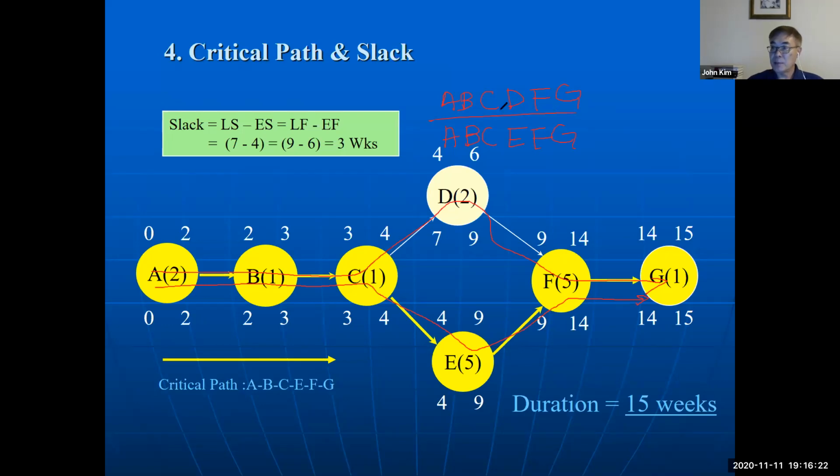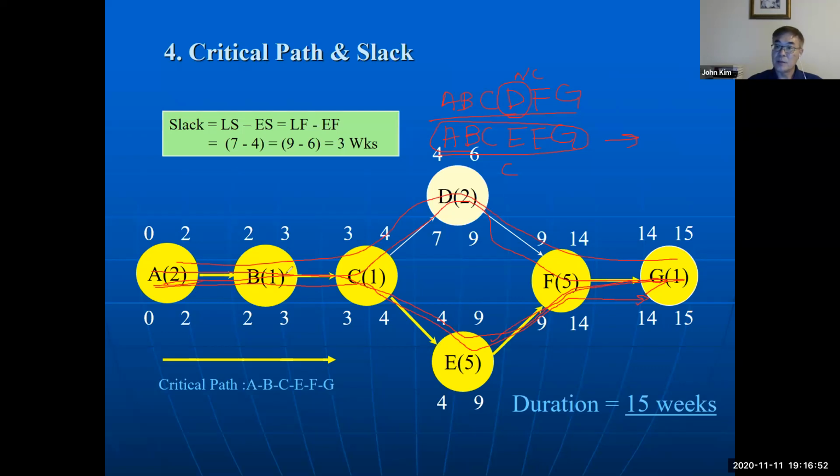In this path, this one is non-critical, but all other activities in this path are critical. So any activity delay, then project delay. So between two paths, this path is the critical path, and this path is the non-critical path.